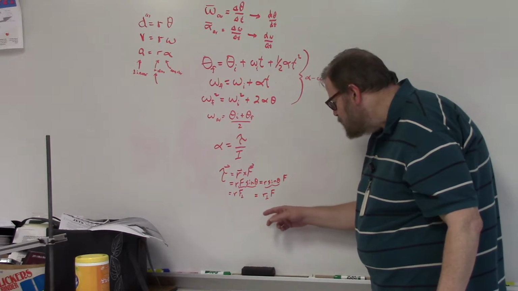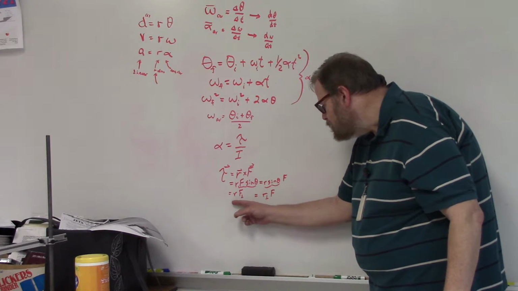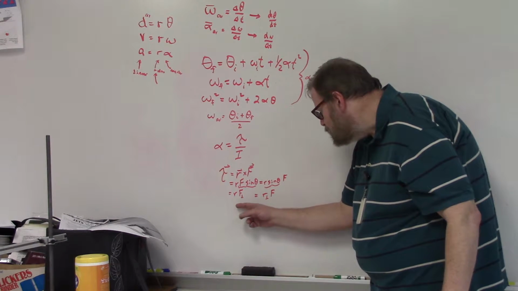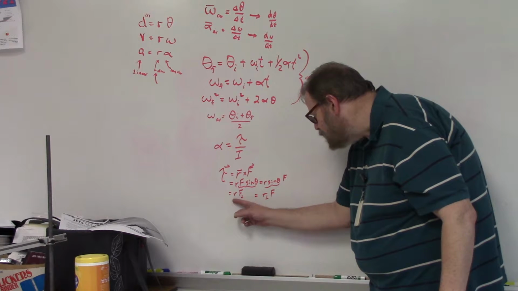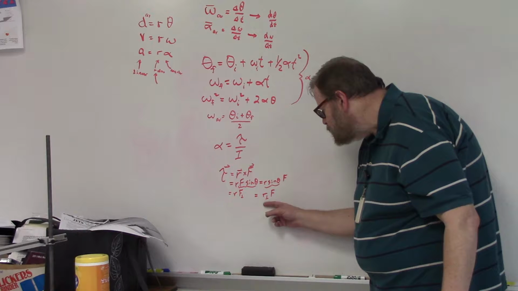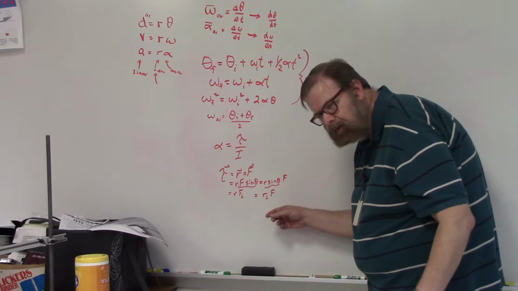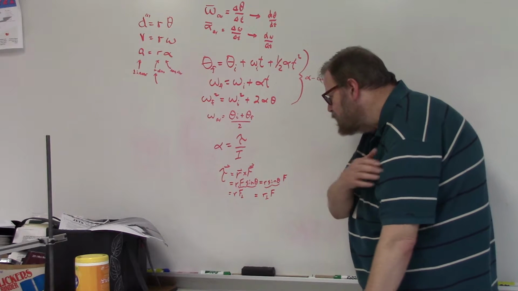So this has a special name called the lever arm distance times the force. And here we took all the r and the component of the force, whereas here we took the component of the r and the total force. So it's the same idea, but we use those three different things interchangeably.